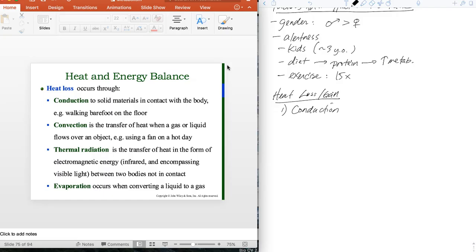That's going to be via contact. On those hot summer days, Sally, my dog, just wants to lie on the tile floor and conduct heat to that. There's also convection, transfer of heat via some kind of fluid. Could be a gas or liquid.